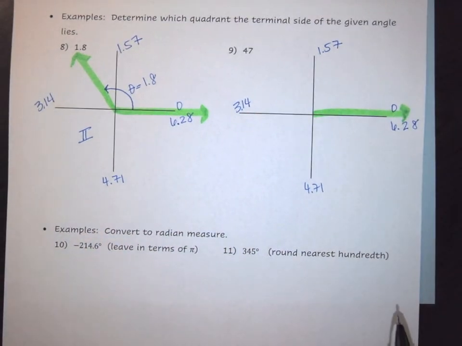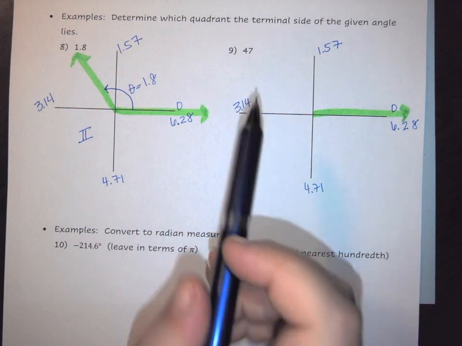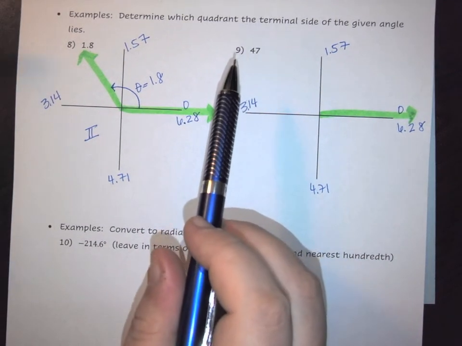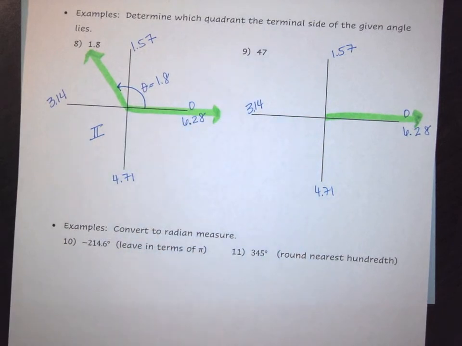Okay. So one of the things that we have to do is figure out how many times 47 is going around. The easiest thing to do is to take that 47 and subtract 6.28 and figure out how many times you can do that.